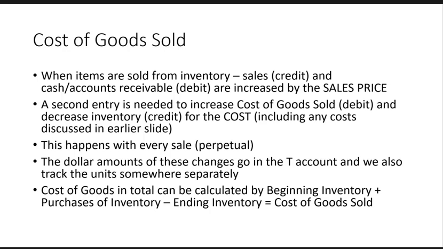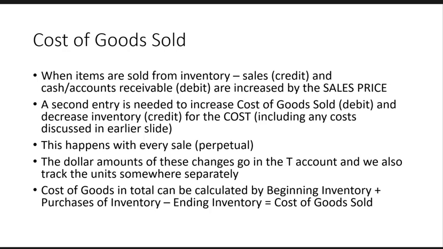That should be different than the sales price. The first entry should be for a higher amount than the second entry. That's the whole point of being in business, to sell our stuff for more than we paid for it. This happens with every sale, every time we scan it, every time the transaction happens.